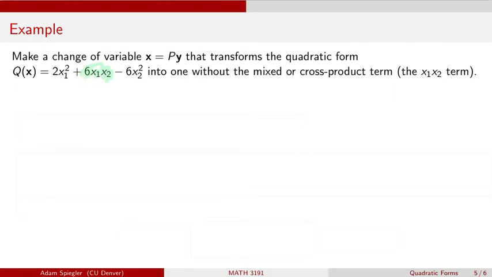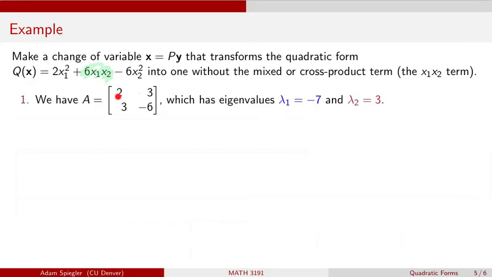So the first step would be to identify the matrix of this initial quadratic form. Recall, we get the first diagonal entry, 2, from the coefficient in front of the x1 squared term. We get the other diagonal entry from the x2 squared term, where the coefficient is minus 6.